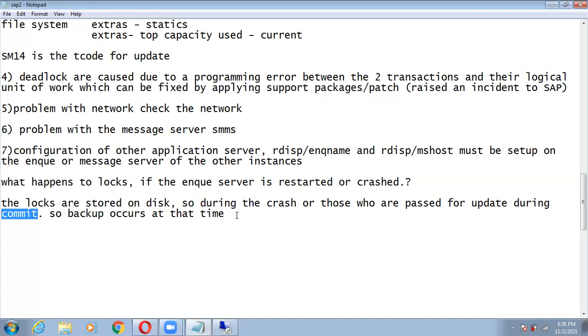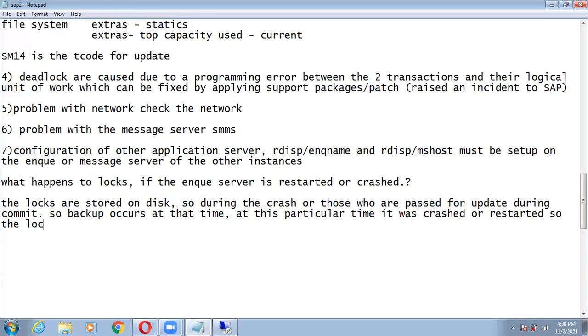So at this particular time, suppose it was crashed or restarted.